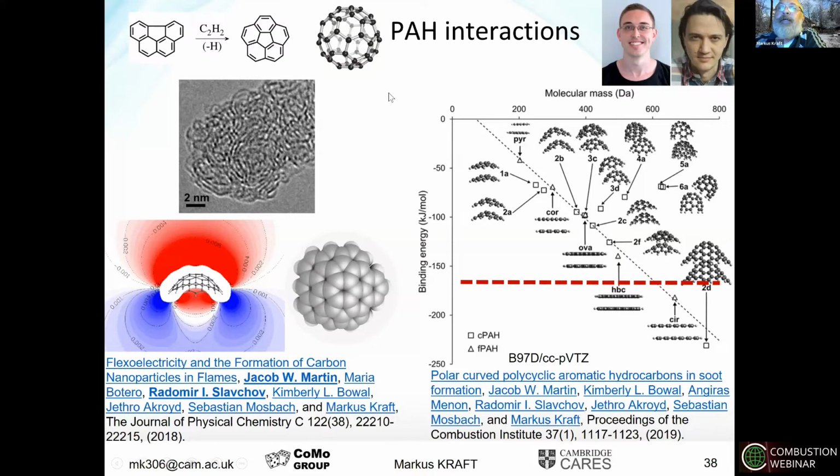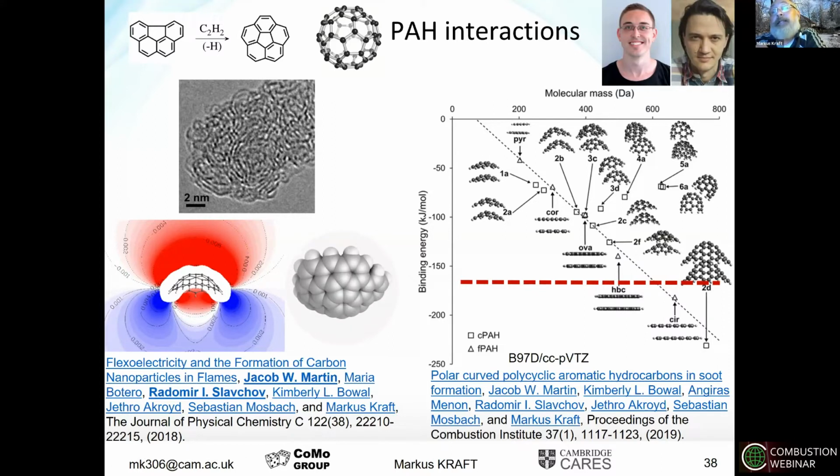But once you get this curvature, you also get a strong dipole effect. That, of course, adds another force that may be responsible for particle inception. So we were looking at different configurations, and this is what you see here.